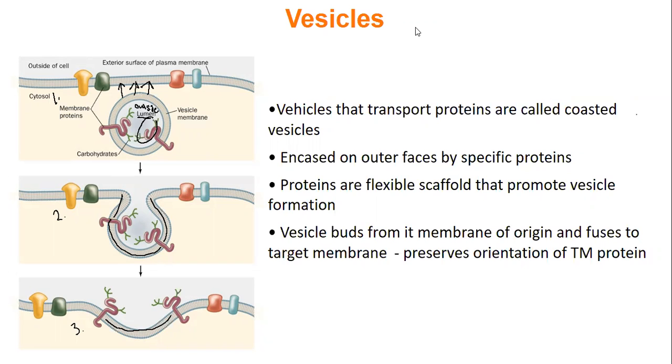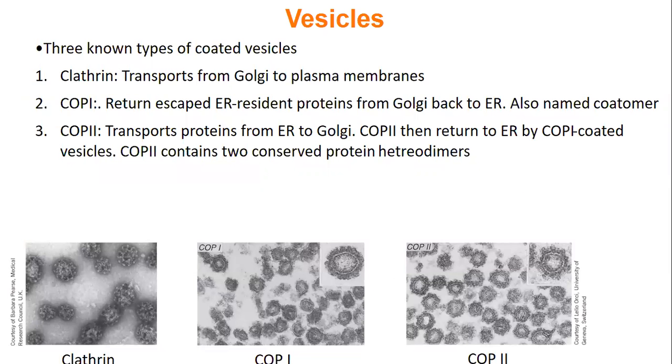All right. So moving on. We know of 3 different types of proteins that will coat vesicles. And depending on what protein is coating your vesicle, it will tell you what direction your vesicle is traveling. So first we have Clathrin.